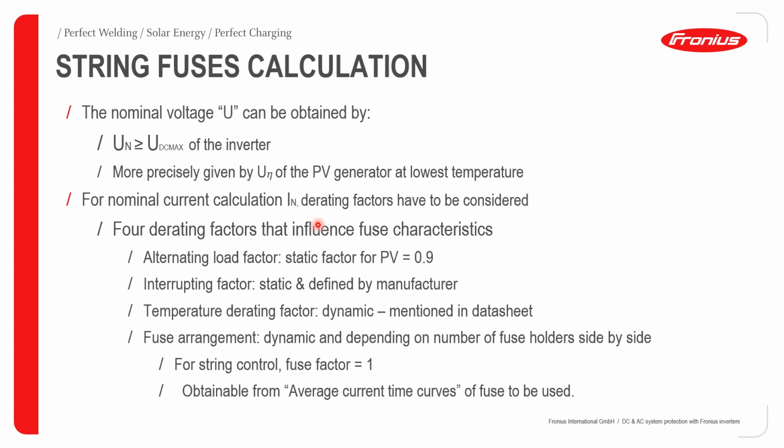So in order to have an idea of what the value of the string fuse should be, this can actually be gotten from the value of the nominal voltage. The nominal voltage can actually be obtained by this particular relation, to ensure that it is greater than or equal to the maximum DC voltage of the inverter. And this is also more precisely given by the voltage of the PV generator at the lowest temperature.